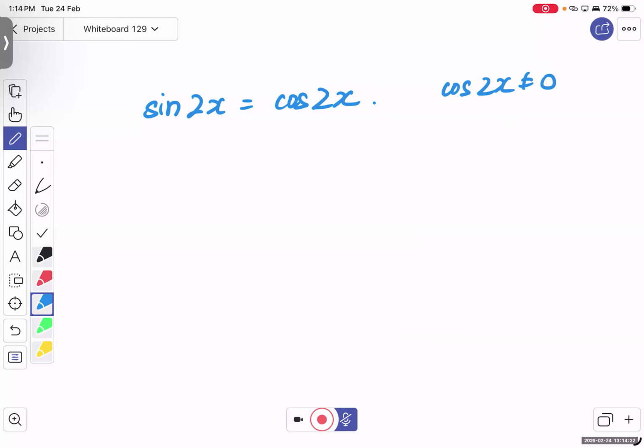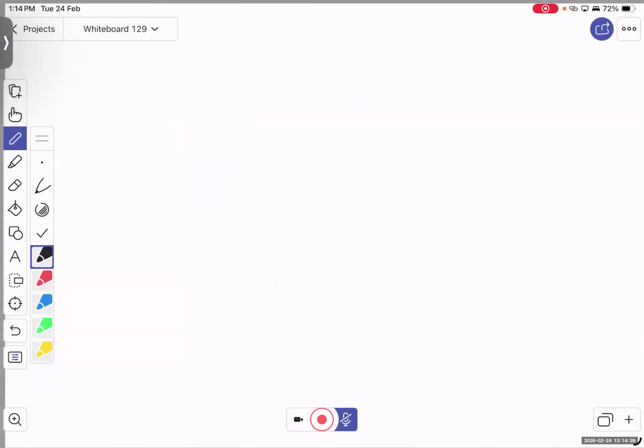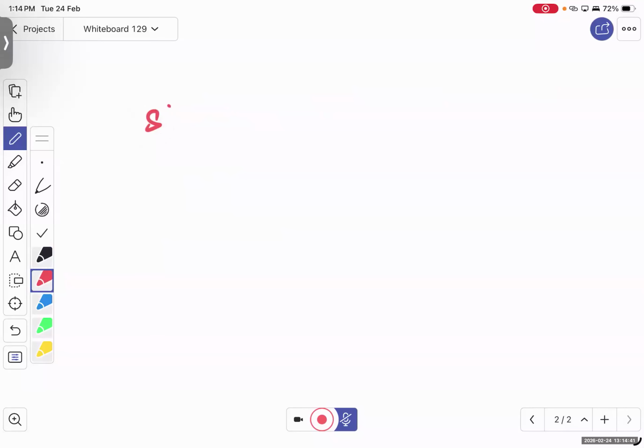Now, sine 2x divided by cos 2x equals 1. Tangent 2x equals 1. Alpha equals 5 over 4. Change double angle? No need. Second, for example, sine 2x minus cos x equals 0. Then we use double angle. Why?